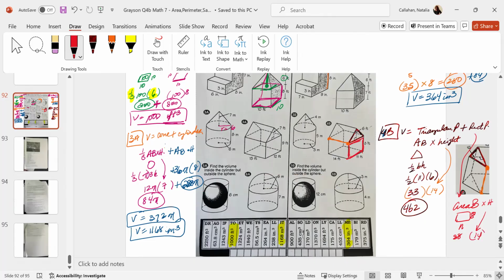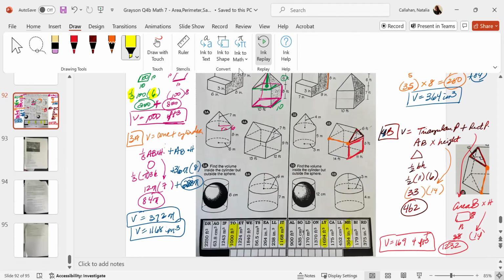Now let's multiply that. There you go, correct. All right, that concludes that.